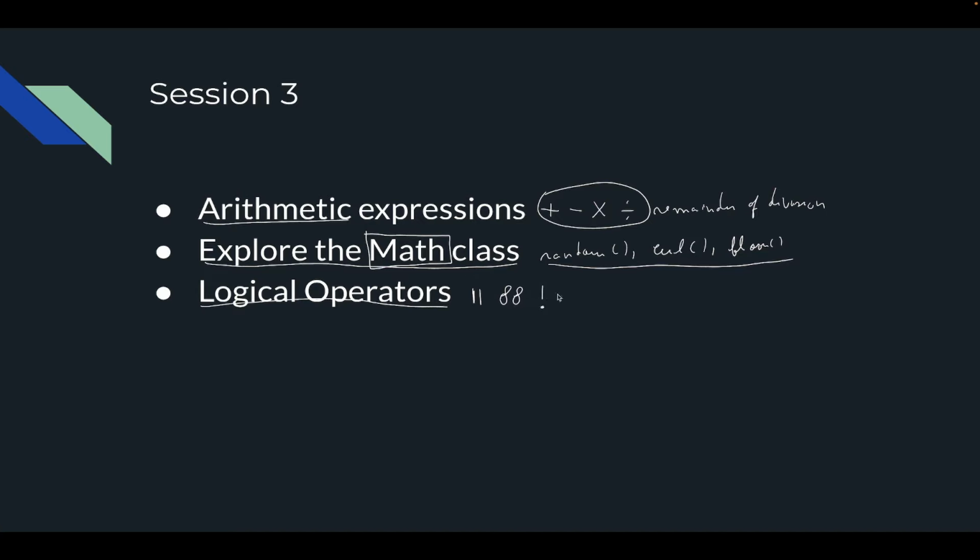Those are the logical operators, and they always return a Boolean value. So they return true or false. Nothing more, nothing less. That's basically what we are going to speak about in this class. I hope you guys stay there, and let's go to the code.